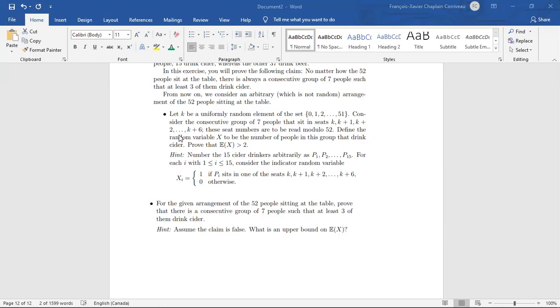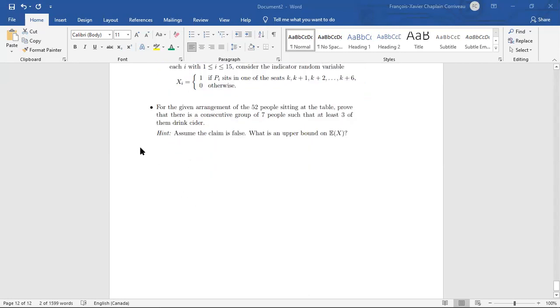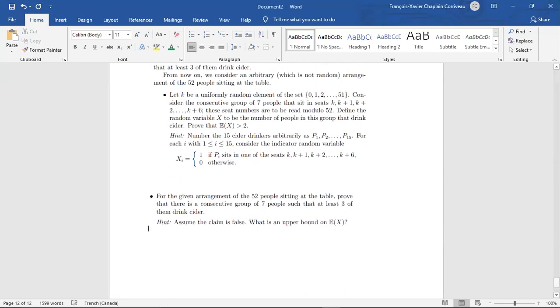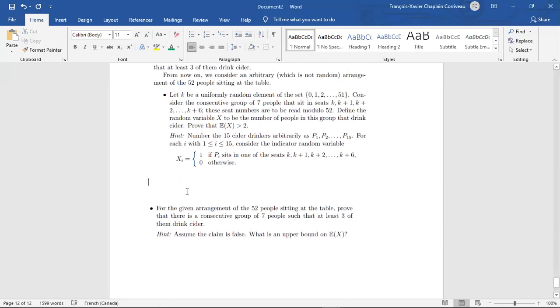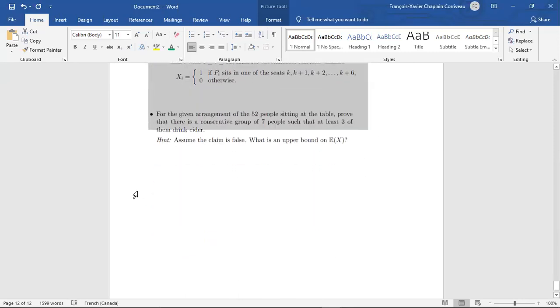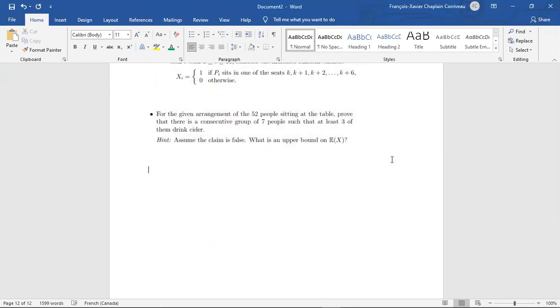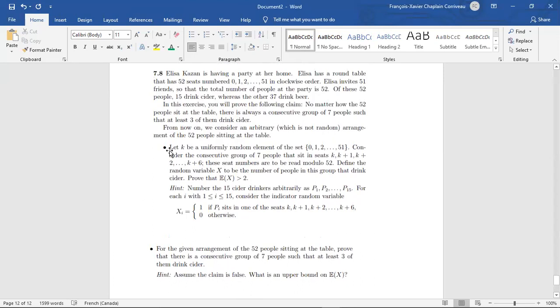For each i, we consider the following indicator variables. So I think this first part looks pretty easy. So let's do the first part. And it's the second part that, again, I'm not sure why this question is in there, but let's think about it.